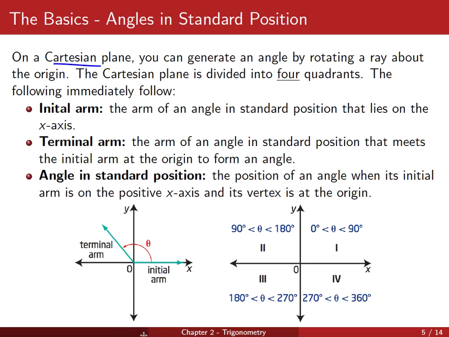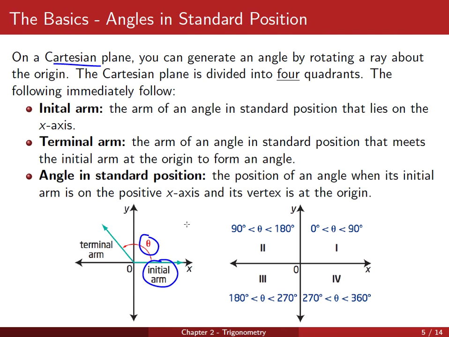Basically, the initial arm is right here, and the terminal arm, that's all we really care about. I'm just going to draw terminal arms, and the angle made by that, we're going to represent with the Greek letter theta. This is an angle in standard position.